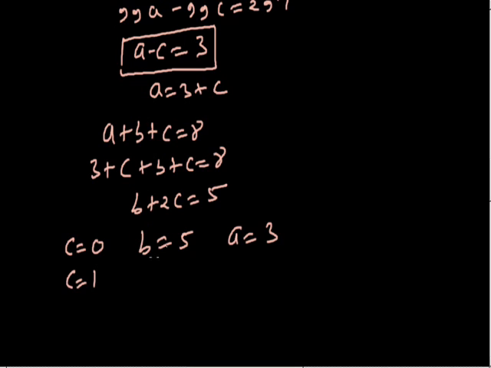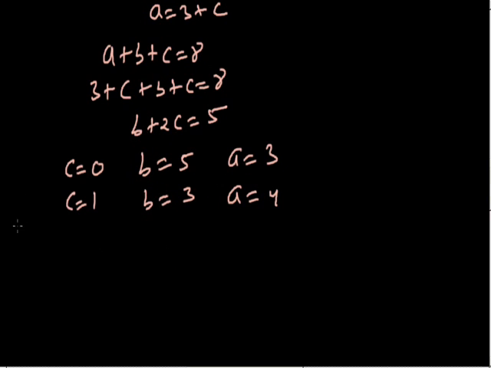When C equals 1, then B becomes 3, because B plus 2 equals 5, and the value of A now becomes 4. Now when we put C equals 2, B becomes 1 and A becomes 5.